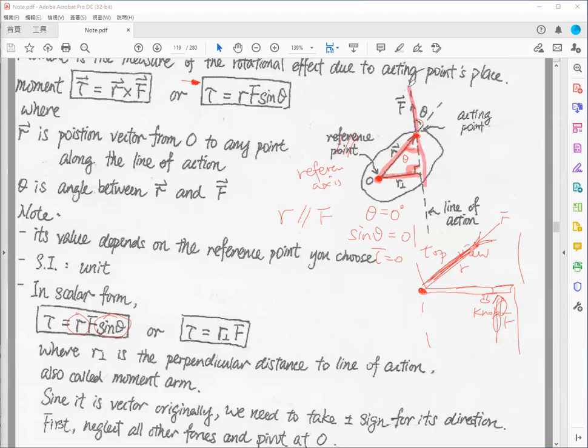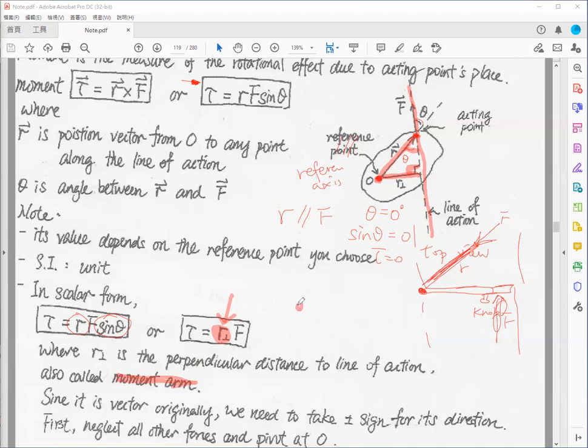This dotted line we call the line of action of the force. It's just the line of the force. You extend the force to give a line, and this is the perpendicular distance. So this is R perpendicular, times F. We just care about the perpendicular distance. Sometimes you may also call it the moment arm.